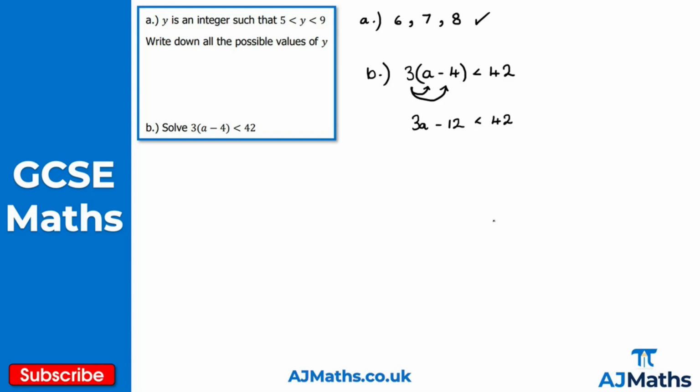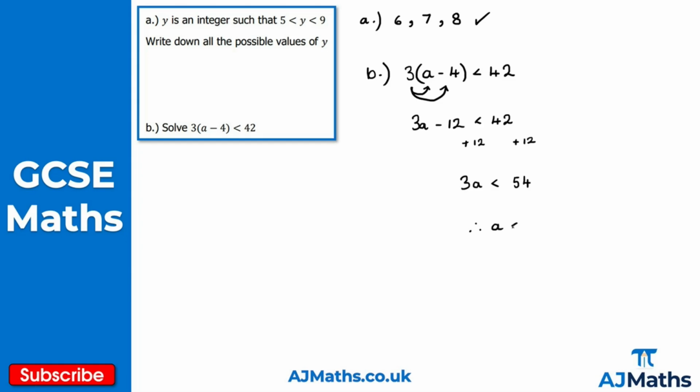So what I'm going to do now is balance this inequality here by adding 12 to both sides. On the left hand side we'll get 3a, and on the right hand side here, we're going to get 42 plus 12, which would give us 54. So now we just want a here. So what I'm going to do then is divide by the coefficient here, which is this 3.